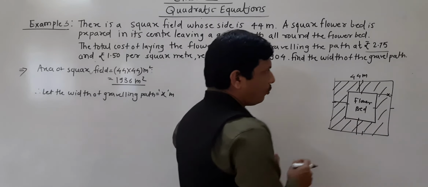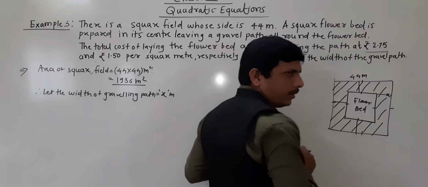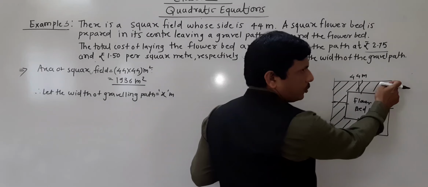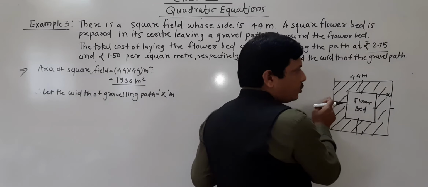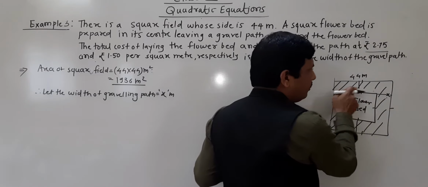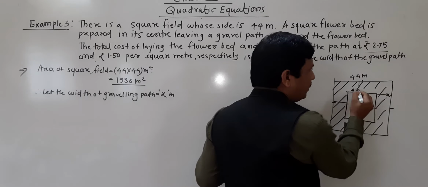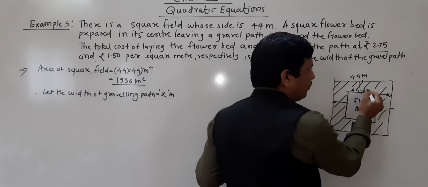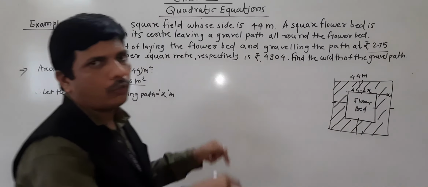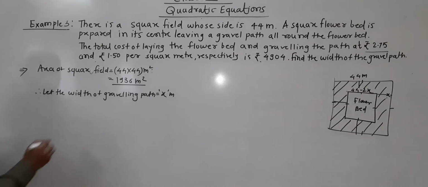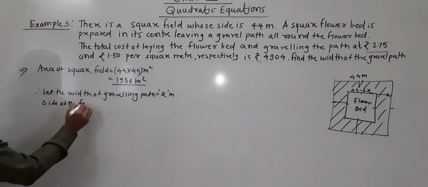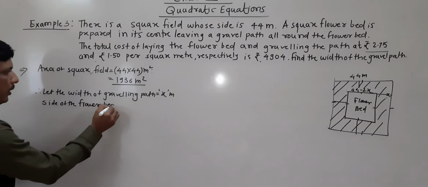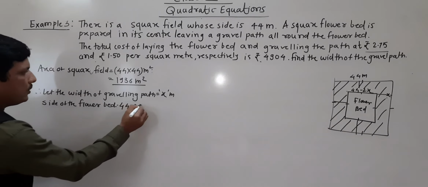Then what will be the side of the flower bed? This is given as 44 meter. So we need to subtract x from this side and x from this side. So what will be the side of this? This side will be 44 minus x minus x, that is 44 minus 2x, the side of the flower bed. So the side of the flower bed is equal to 44 minus 2x.